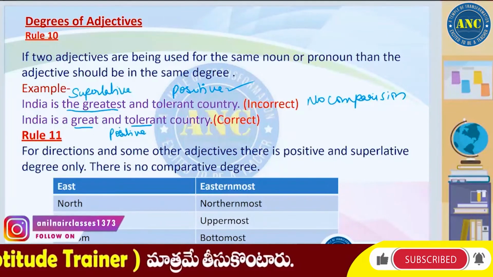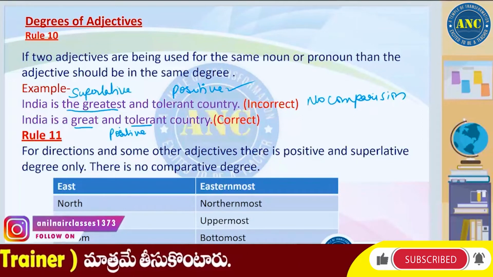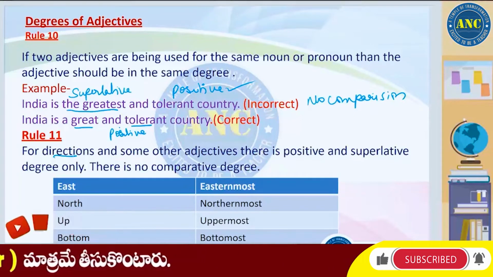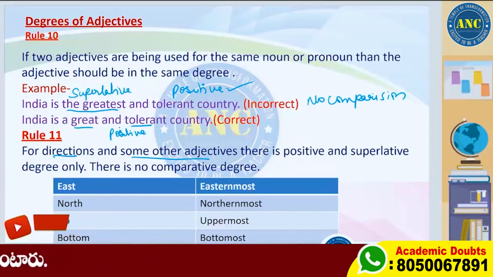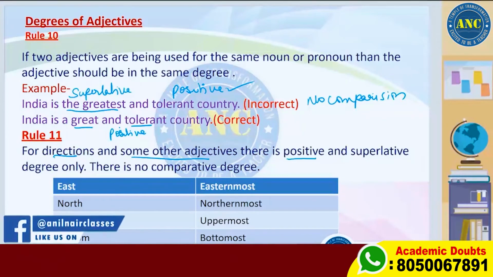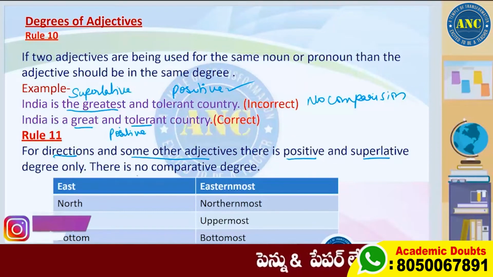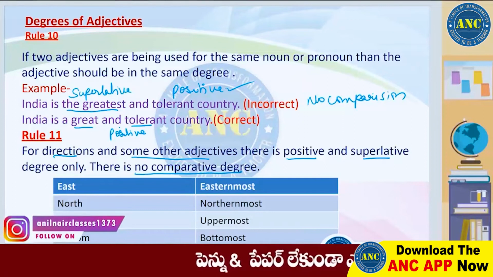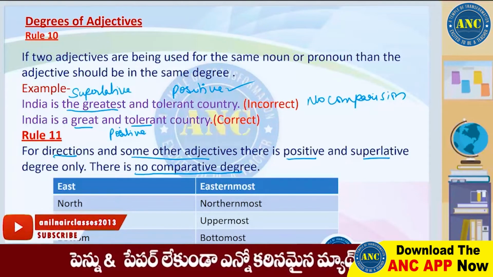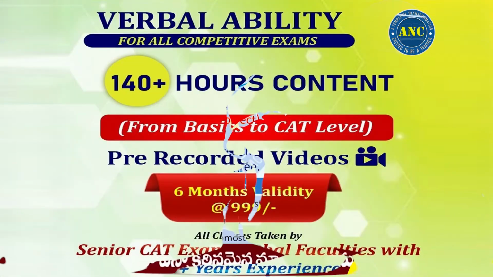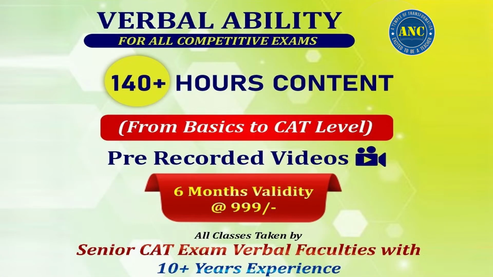Now there are certain adjectives, like those used for directions and some others, which are used only in the positive and the superlative degree. There is no comparative degree for these adjectives. You remember one thing: for direction, no comparative degree. Either they will be in the positive form or in the superlative degree only.